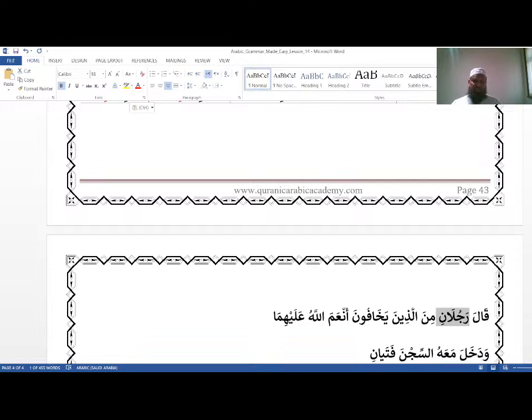This is in Surah Yusuf, when Yusuf was jailed, and two fityatun, young boys. Fatan, make it Muthanna, fatayani. And two young boys entered the sijn, jail, with him, ma'ahu, Yusuf alayhi salam.